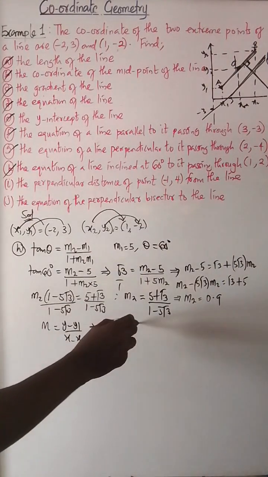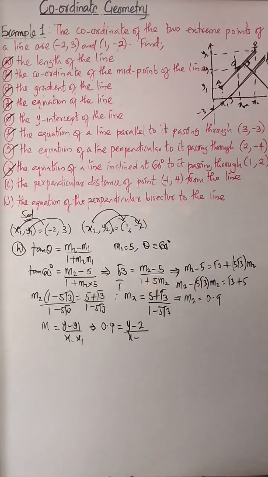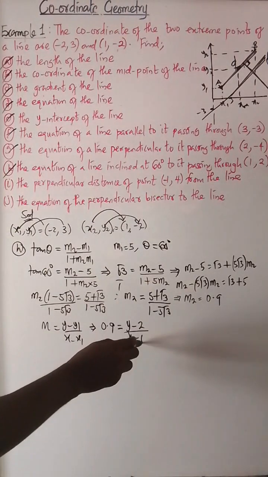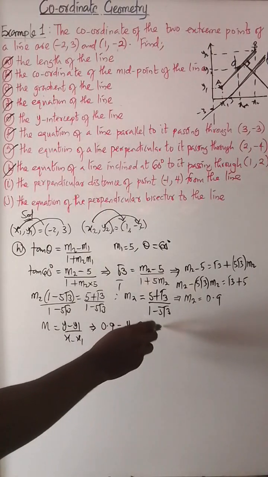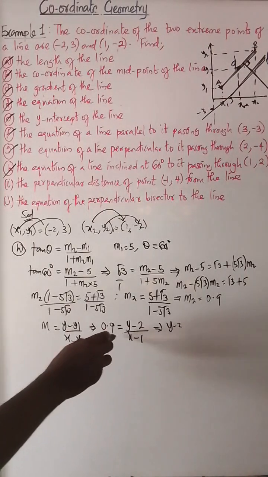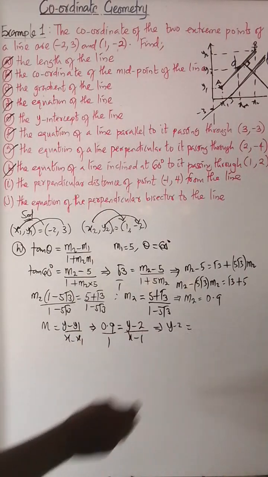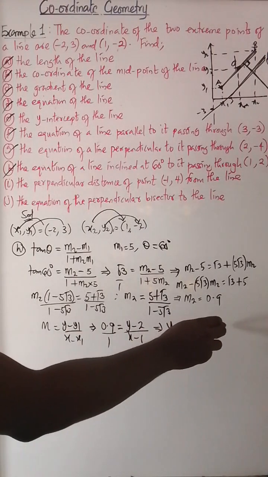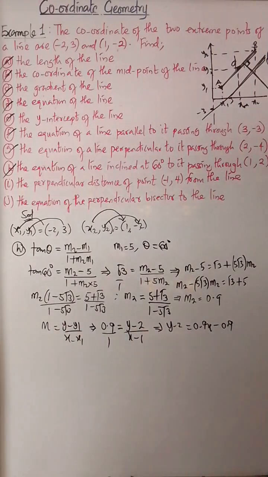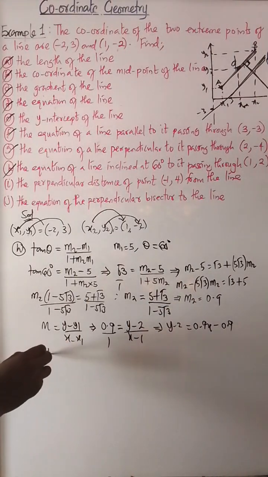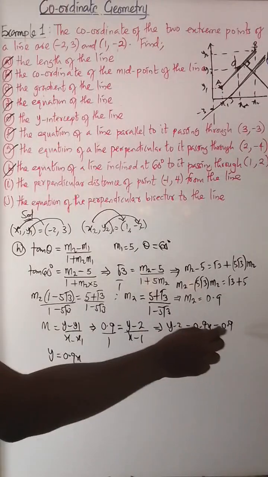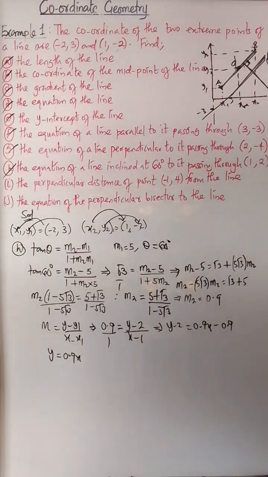That's 2, over x minus, what is x1? 1. So from here, y minus 2 equals 0.9 x minus 0.9. So we add 2 to that. So our y becomes 0.9x minus 0.9 plus 2. That will be 2 minus 0.9, which is 1.1.